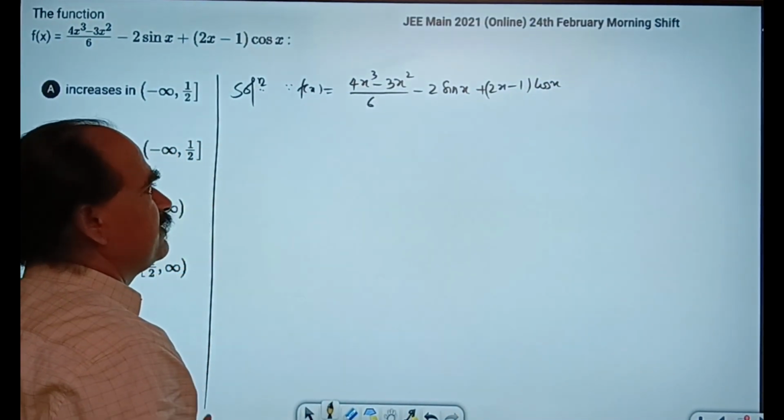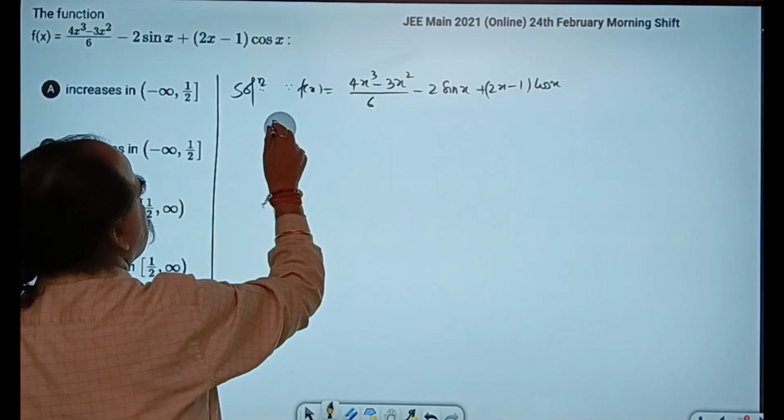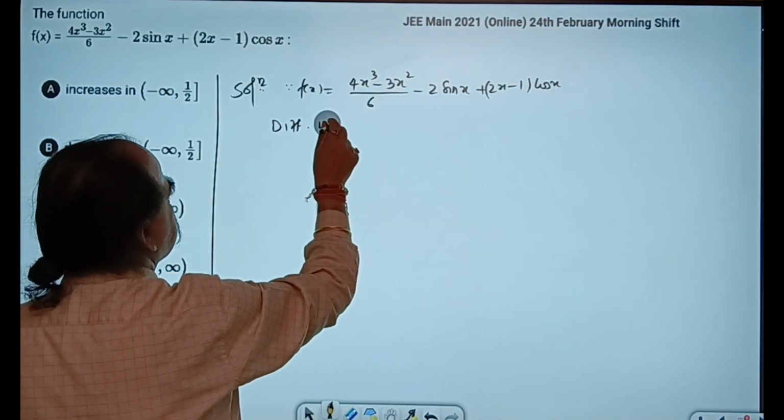For increasing and decreasing, we need the derivative. So differentiating with respect to x.